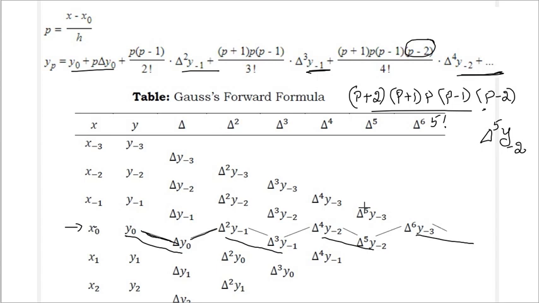So instead of moving this way, like earlier what you have done, y1, y naught and delta of y naught, this is what we have taken in the forward interpolation. But in the backward interpolation we consider the reverse, that is y naught, and the next term will be delta y minus 1, and the next term will be this one only, delta square y minus 1, delta cube y minus 2, and delta power 4 y minus 2, and delta power 5 y minus 3. So this way it proceeds.